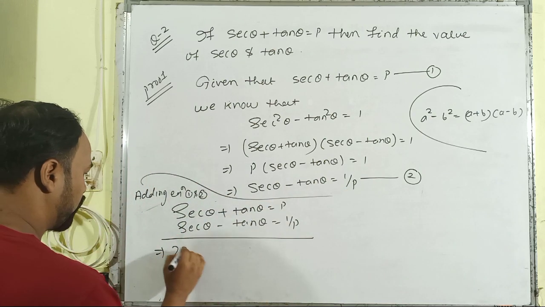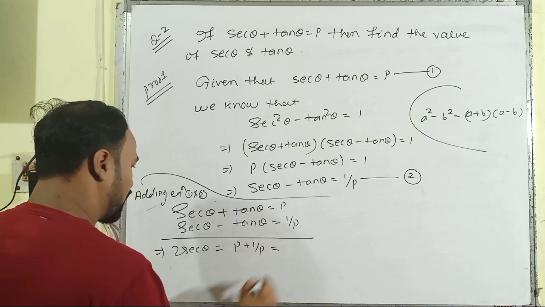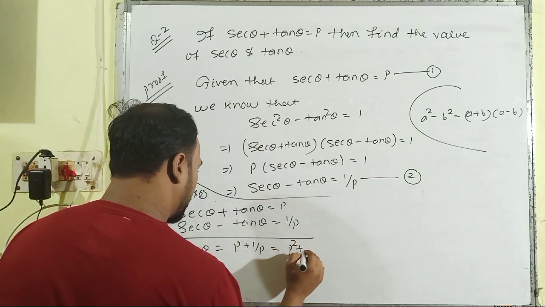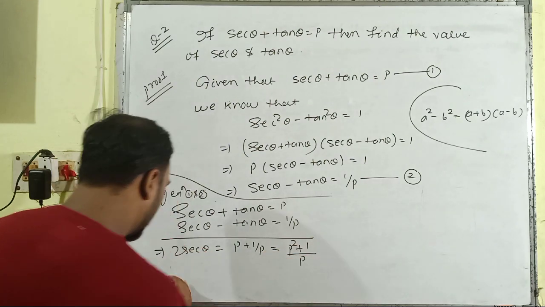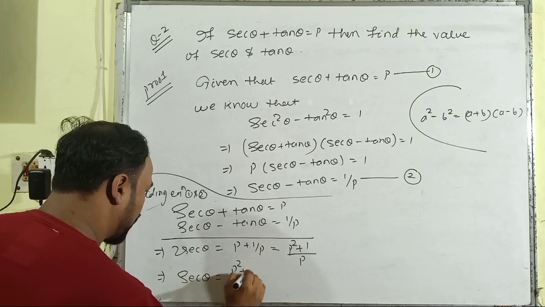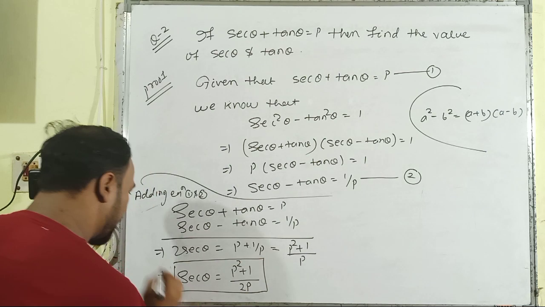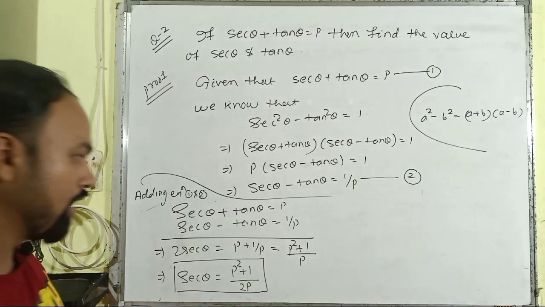Here we have 2 sec theta is equal to p plus 1 by p, and that is equal to p square plus 1 divided by p. Then the value of sec theta is p square plus 1 divided by 2p. Then we have to find tan theta.